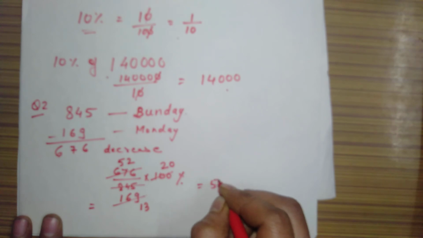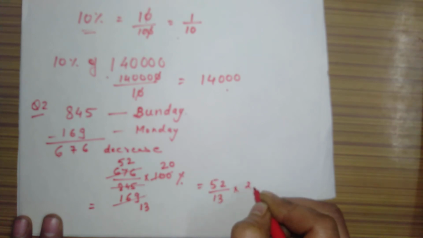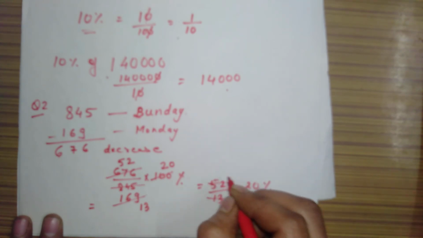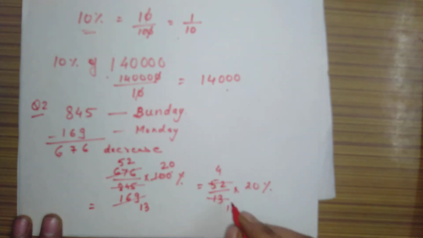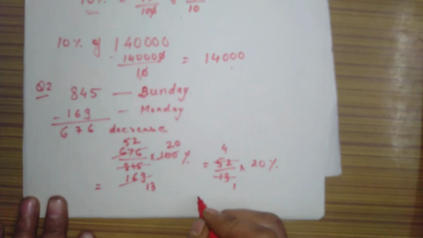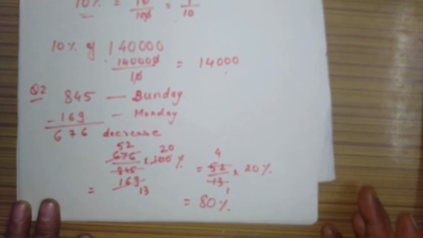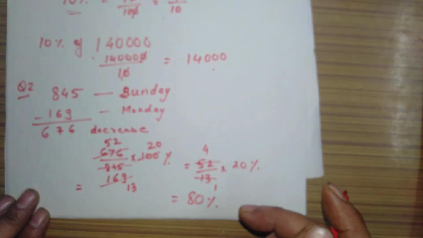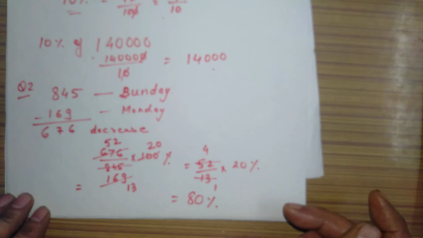So 52 upon 13 into 20%. Again cancel. 13 1s are 13, 13 4s are 52. 4 into 20, that is 80%. So 80% is the decrease in the number of people that visited the zoo.